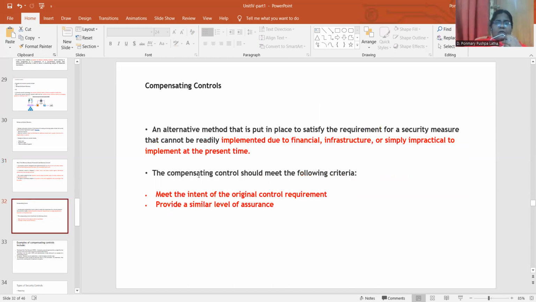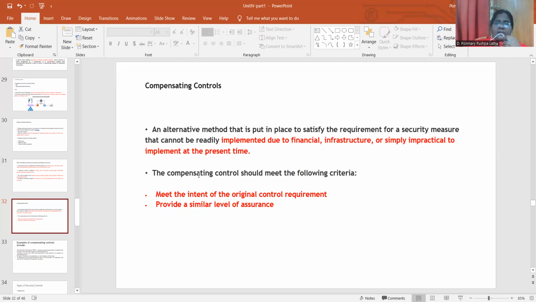The next one is compensating controls. It is a compensation used when a control is simply impractical to implement financially at the present time. Suppose we don't have enough finance for building a house, so we take a loan and compensate. Or say we want a tuition center: if we don't have the place, we take it for rent and use it.